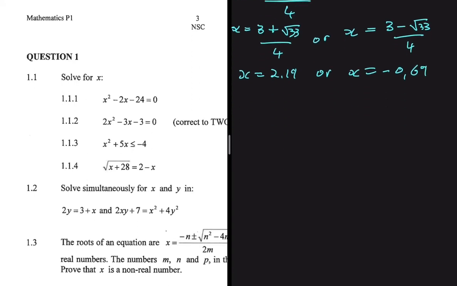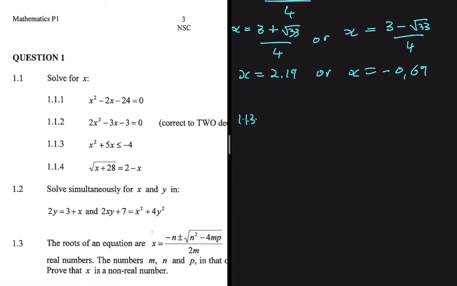Now let's do 1.1.3. So for 1.1.3 we have x squared plus 5x being less than or equal to minus 4. As soon as we have something like this, right, we're going to jump straight to the critical values. So we're looking for the critical values, right?